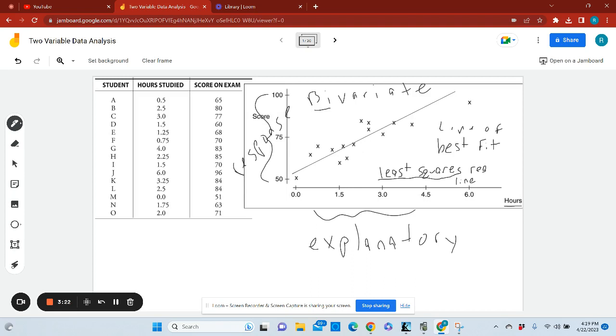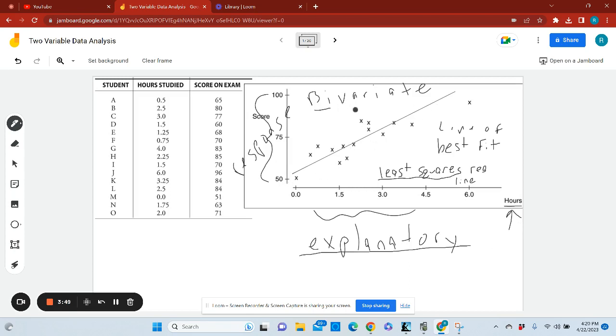Sorry for my sloppy handwriting. I'm doing the best I can with the technology, right? But basically, if we have an equation for the least squares regression line that models this data, we can use inputs from the explanatory variable, or in other words, the number of hours that we've studied, and we could use them to predict what somebody's score on the exam might be.